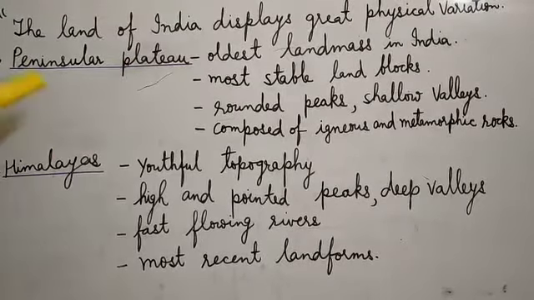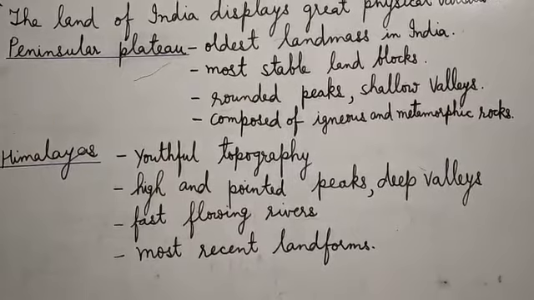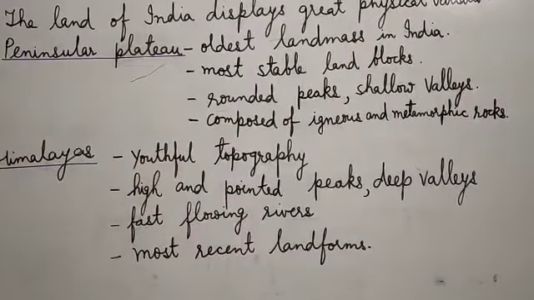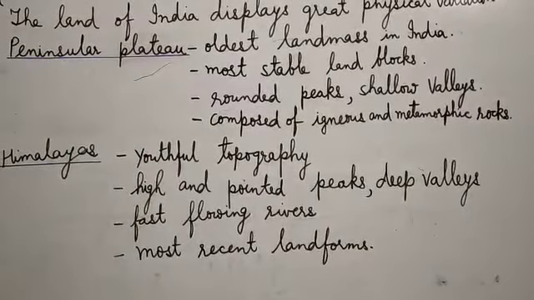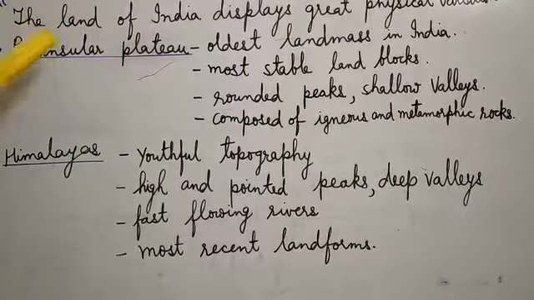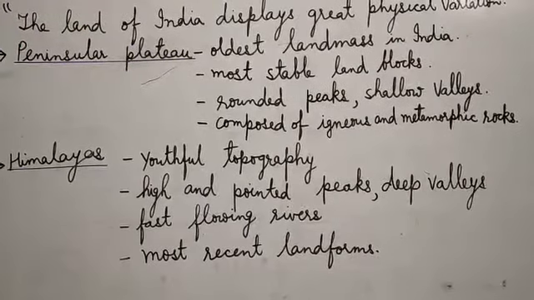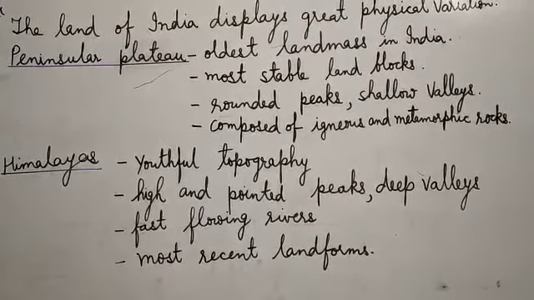In the plateau region, the peaks are not very high, they are rounded peaks, and the river valleys are also not very deep, they are shallow in nature. This plateau region is composed of igneous and metamorphic rocks, which prove that this particular segment, the Peninsular Plateau, is very, very old. In fact, the oldest landmass in India.